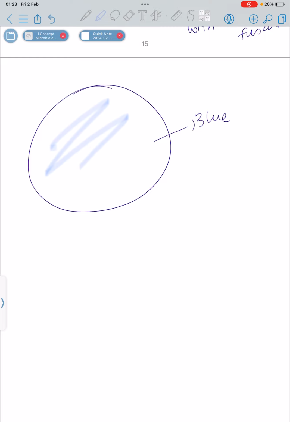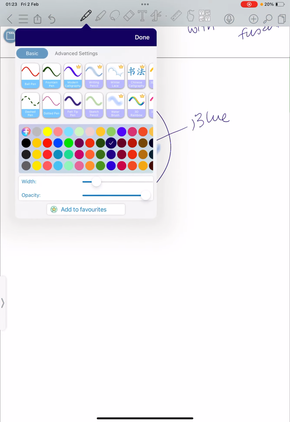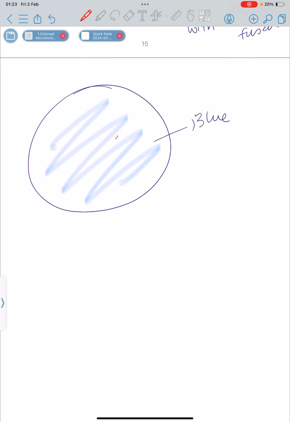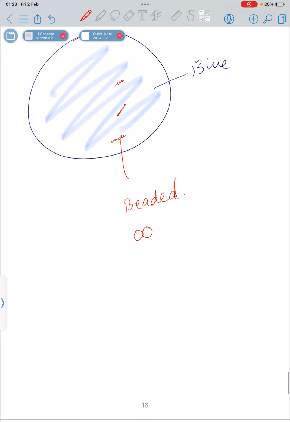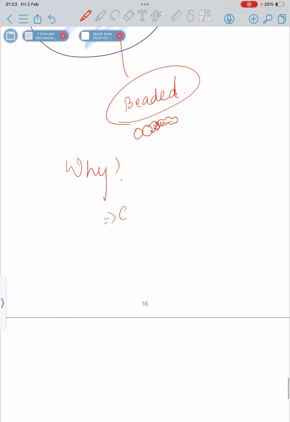Now one more confusion. This is blue background, clear. But so far I've learned that these Mycobacterium are beaded. You know what beaded is? Beaded is like this type of arrangement. Okay, why are they beaded? Because my friend, this carbol fuchsin, you know how we had given it?